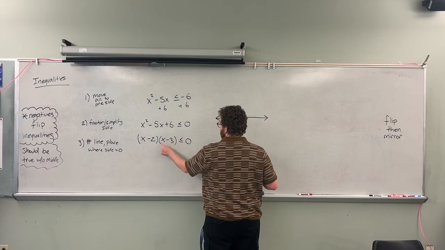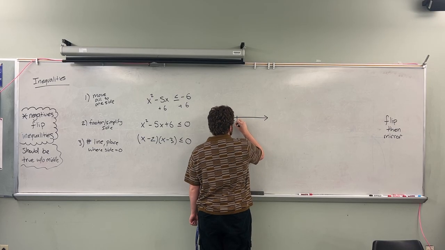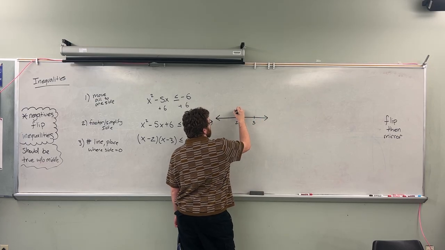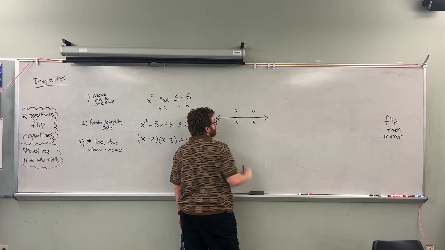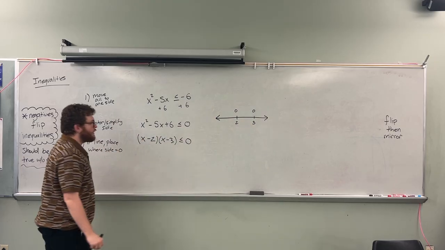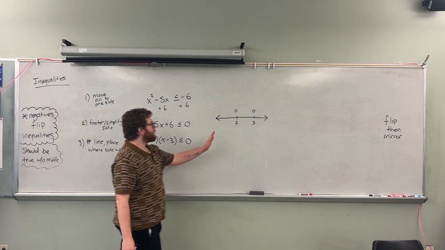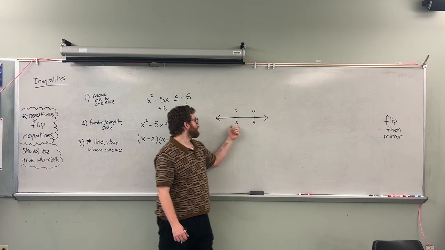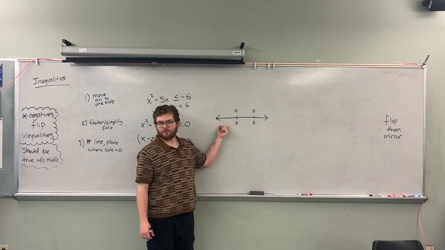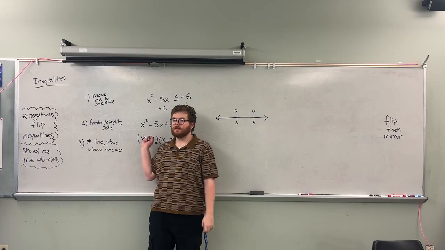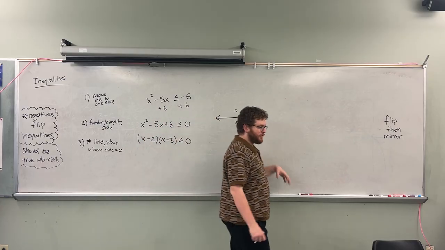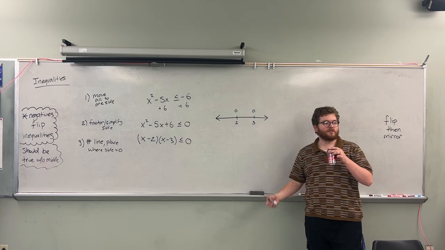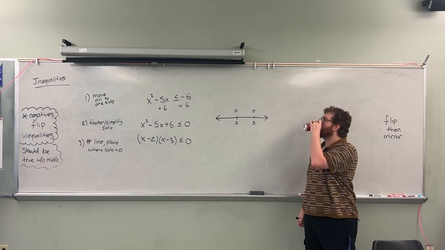So it's going to be +2 and +3. I'm going to put above them that they're 0. I then want to look at the values between these ranges. So I want to look at something that's less than 2, plug it in here and see what I get. Something that's between 2 and 3, plug it in and see what I get. And then something that's greater than 3, and plug it in and see what I get.